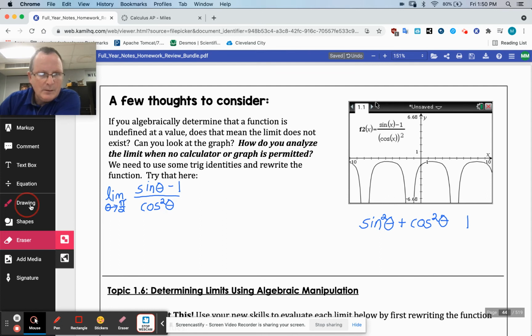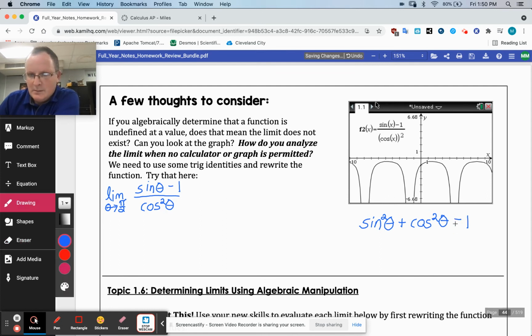If that's true, then cosine squared would equal 1 minus sine squared. Okay, so I'm going to make that substitution right now.